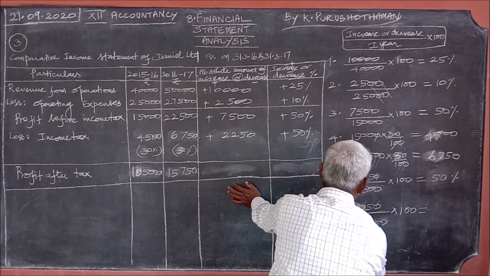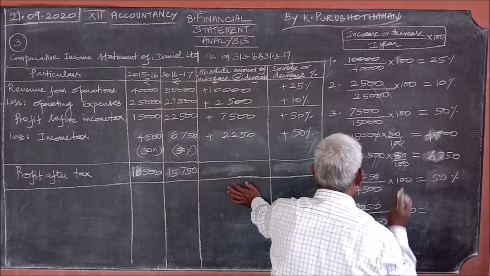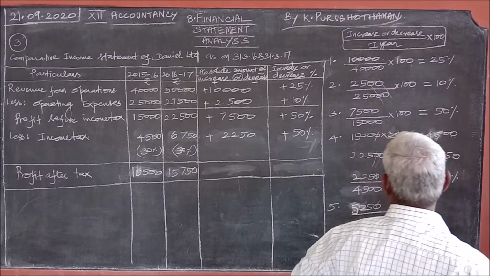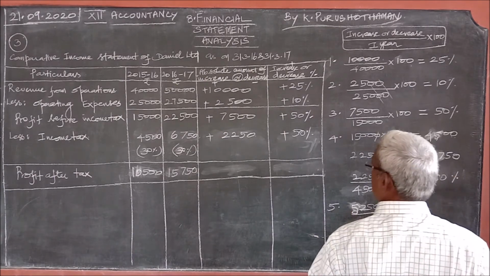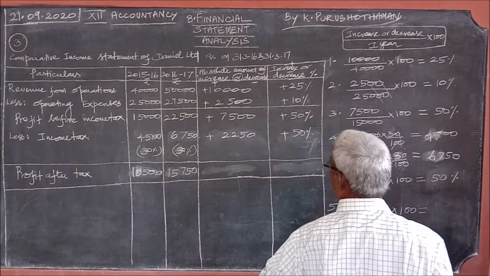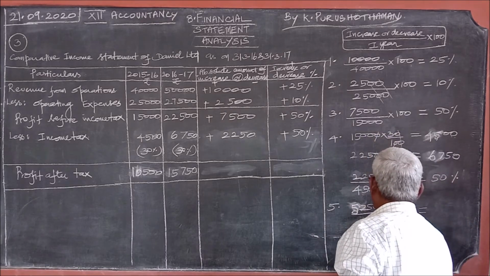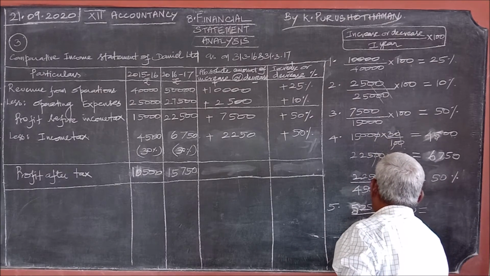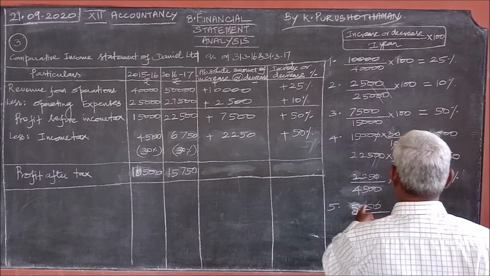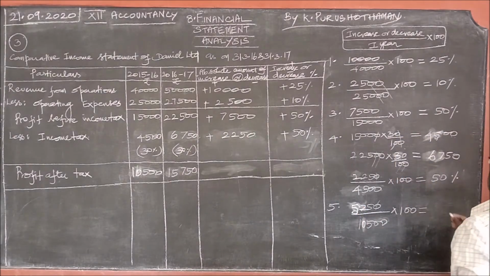Yes, now it is correct. Now we can simplify. 5,250, denominator 10,500, and it is 2 times 100 by 2, 50%.